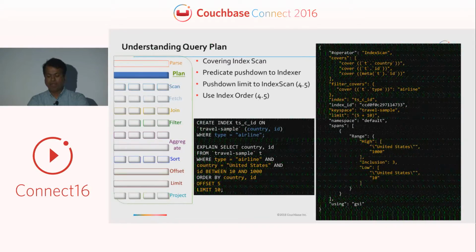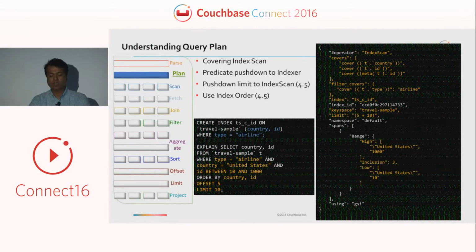And then if you look down a little bit, you see a field called spans. Spans represent the index filters that we are pushing down to the index scan. In this case, we are able to push down both the predicates, country and ID. So spans contains one or more ranges.